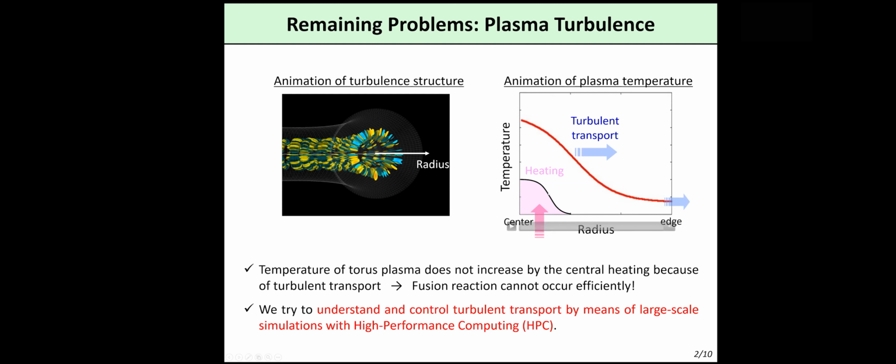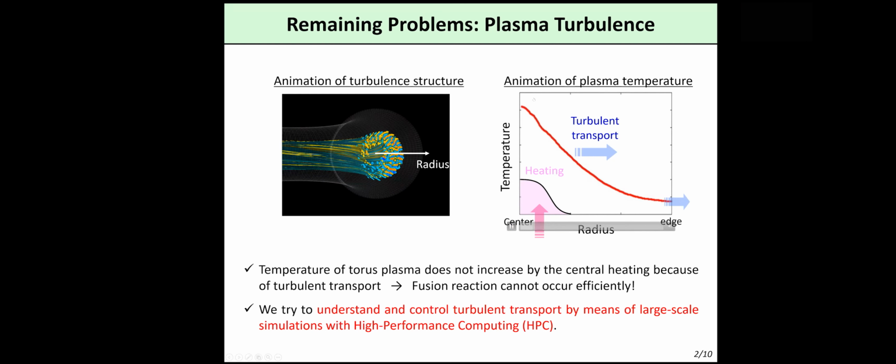The right animation shows the plasma temperature along the radial, so namely this direction. In general, the higher temperature can lead to more efficient fusion reaction, so we supply heat input around the core region. Let me show you the movies.